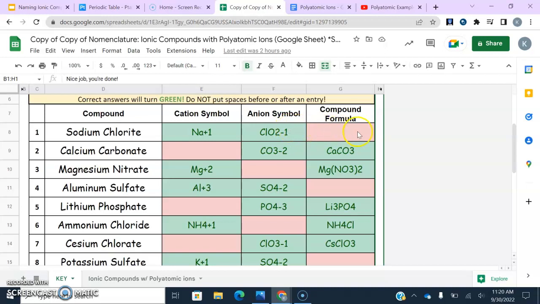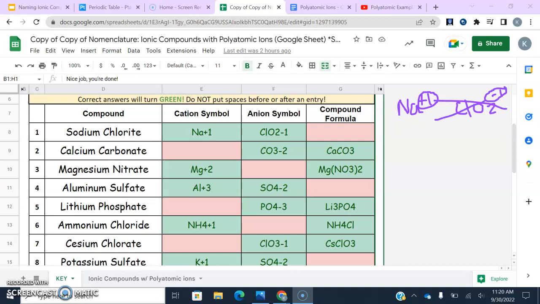So for my compound formula, remember if we do our little lasso, so if I have Na +1 and then ClO2 -1, remember the +1 becomes the subscript over here, and then the superscript of our chlorite comes over here.